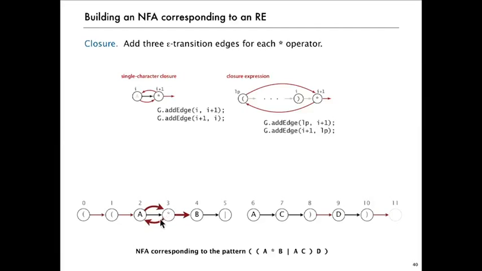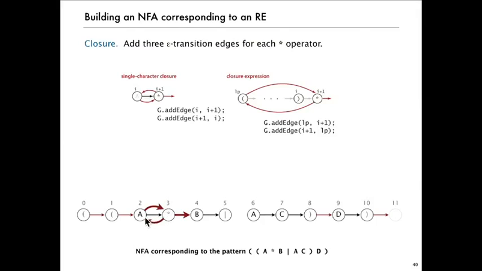And then after 0, we want to go back to have as many matches as we want before taking the match transition. We want to be able to go back and match as many as we want before going out to the next. So for star, we have to add 3 epsilon transitions.